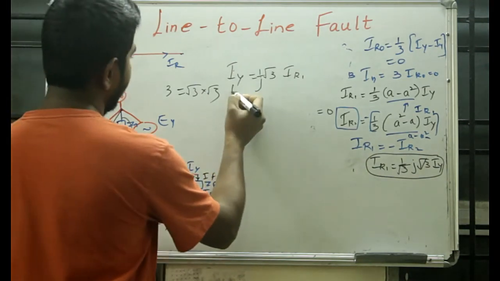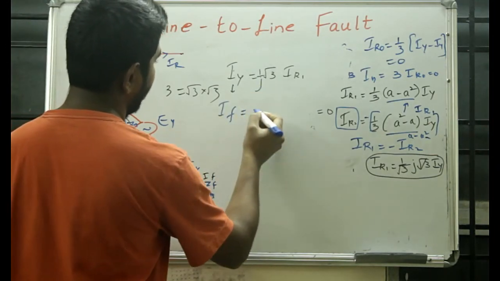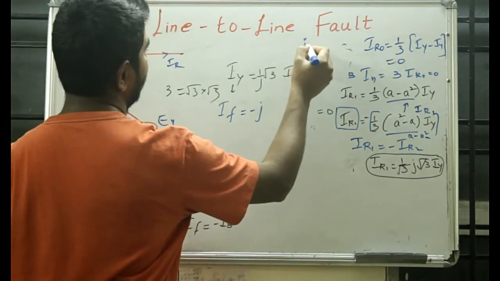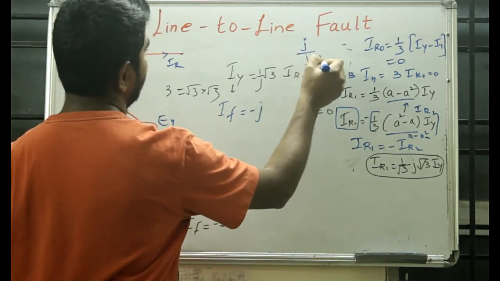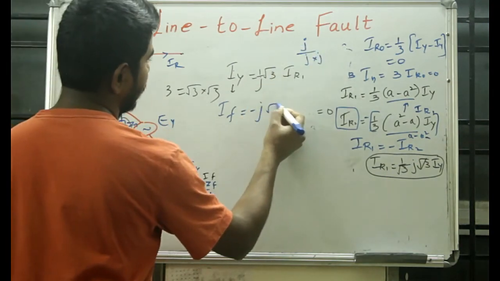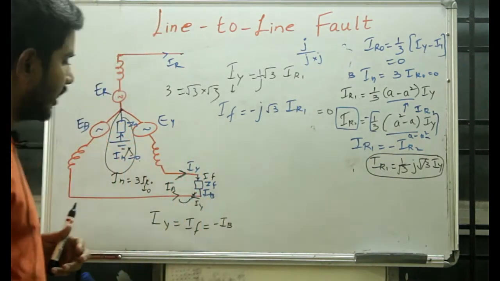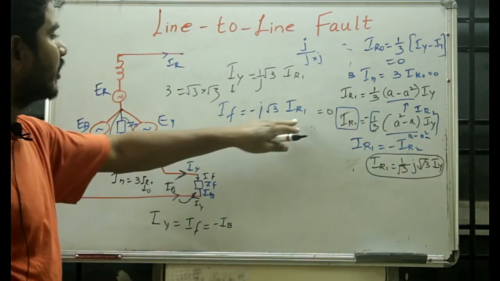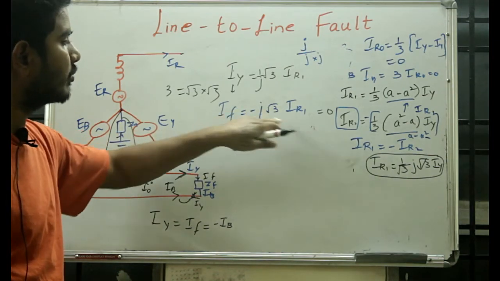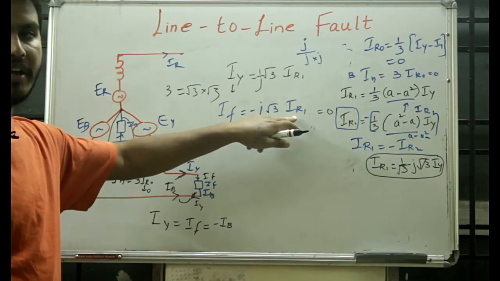So you can write here Iy as If, and 1 by j is minus j, because after rationalizing you multiply j upon j into j. j square is minus 1, so minus j into root 3 IR1. Now if you write here IR2, you will get If is equal to j root 3 into IR2, because minus minus will get a plus.